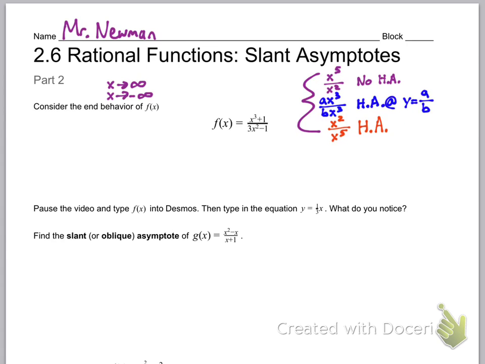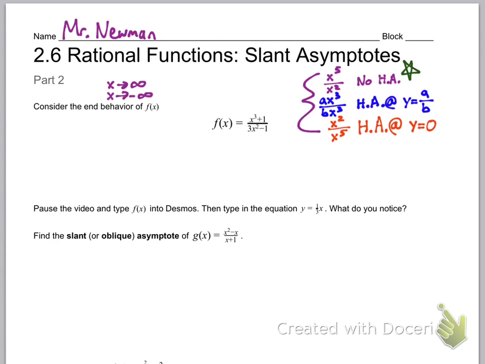And if the denominator has a bigger degree, then the horizontal asymptote is 0, because remember, the numbers on the bottom get really, really big, really, really fast, way faster than the numbers on top get big. And so anything divided by a really, really big number is close to 0.